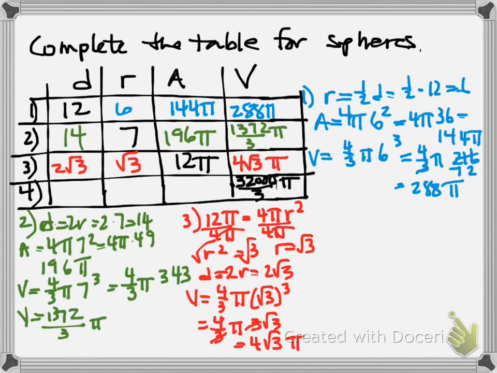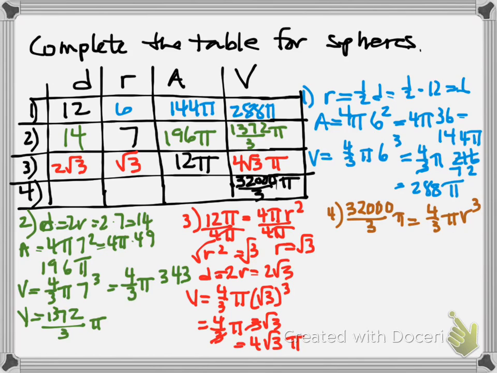And then last one, let's go with this guy. Oh, they give us volume. And that equals 4/3 pi r cubed. So what I'm going to do is kind of a double thing. I'm going to multiply both sides by the reciprocal of 4/3, and I'm going to divide by pi at the same time.